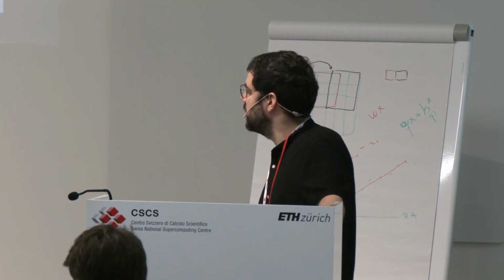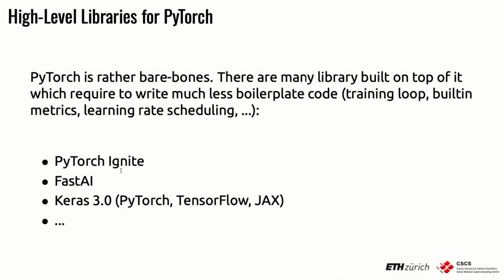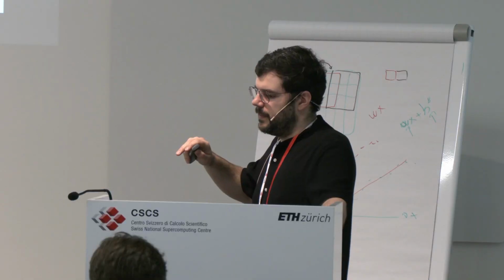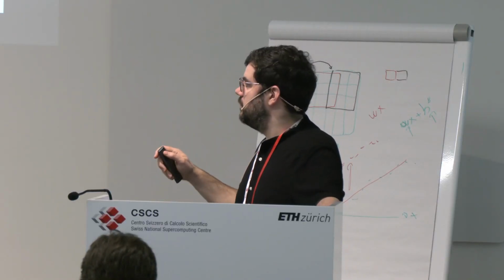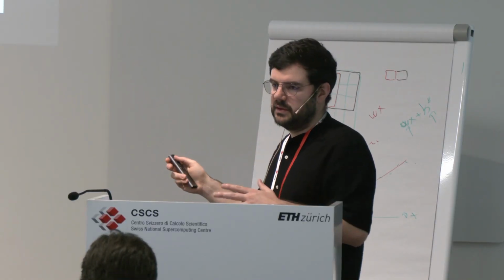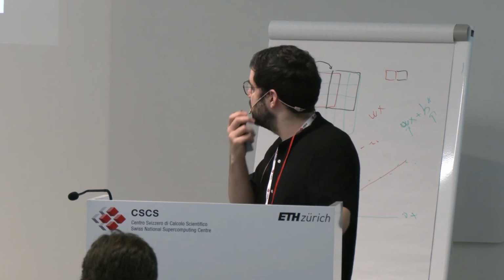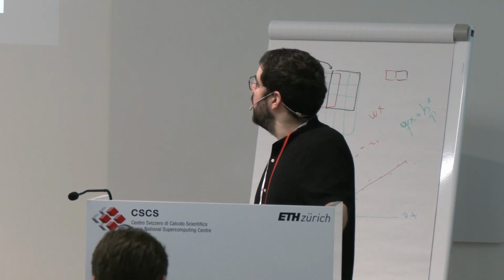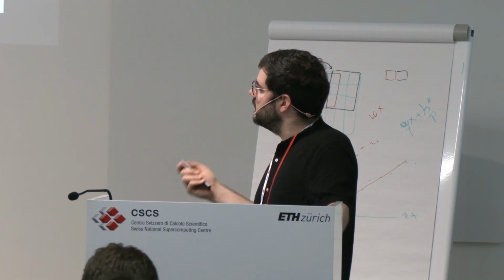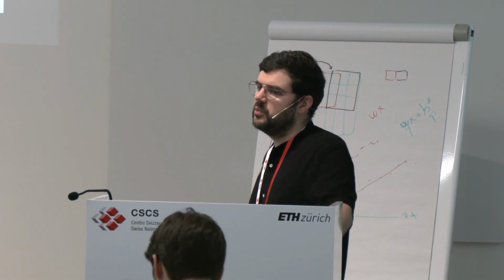So it's quite useful to get started quickly on a project. One of them is PyTorch Ignite, which is part of the PyTorch framework. It's very lightweight. Then there is FastAI, another one that I didn't look into. And then there is Keras 3. Keras is a very famous one because Keras 1 was a library for a common API for different deep learning libraries that existed in the past. And then I think Keras 2.0 has been completely integrated into TensorFlow.